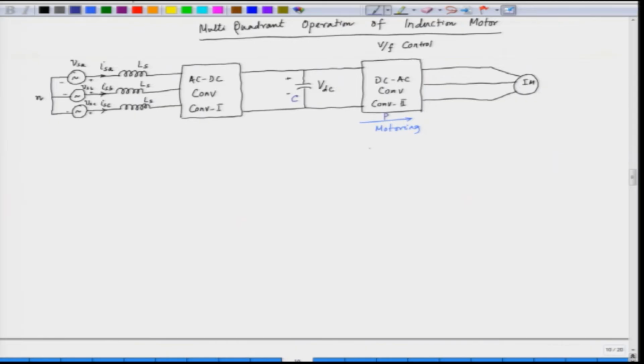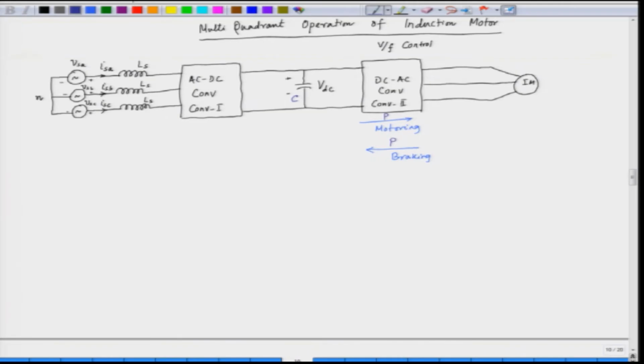Now, for the braking operation, the power flow in fact reverses. So, when we go for braking, the power flow reverses, the motor works as a generator and the power flow is basically from the motor to the DC link. So, the voltage in the DC link increases.